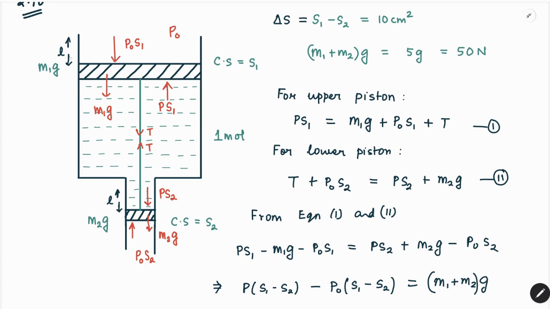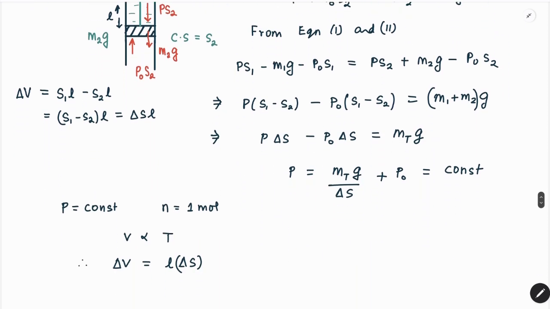So since S1 into L will contribute to greater volume compared to S2 into L, which will decrease its volume, we can say that the change in volume as the piston rises is going to be S1 L minus S2 L, that is (S1 minus S2) times L. So over here S1 minus S2 is treated as delta S, into L. So this is going to be the change in volume.